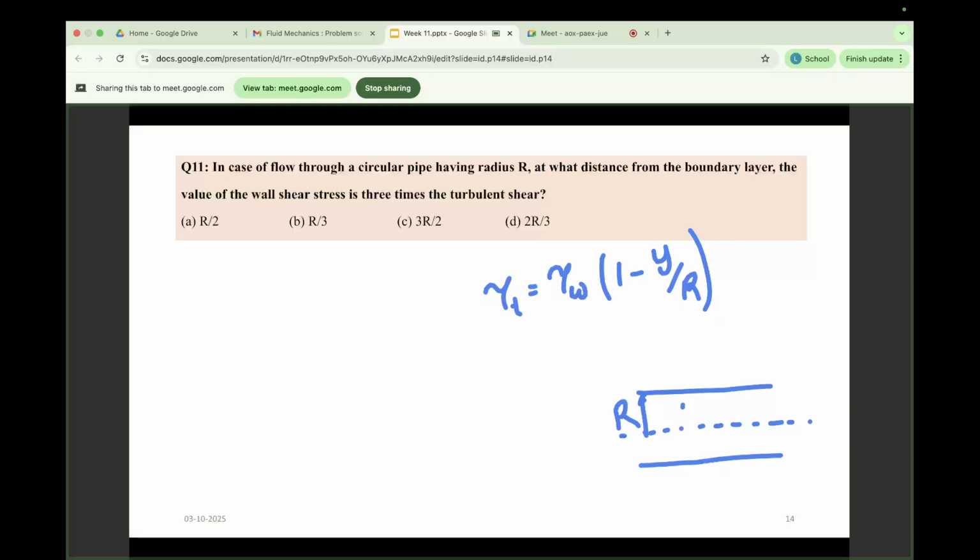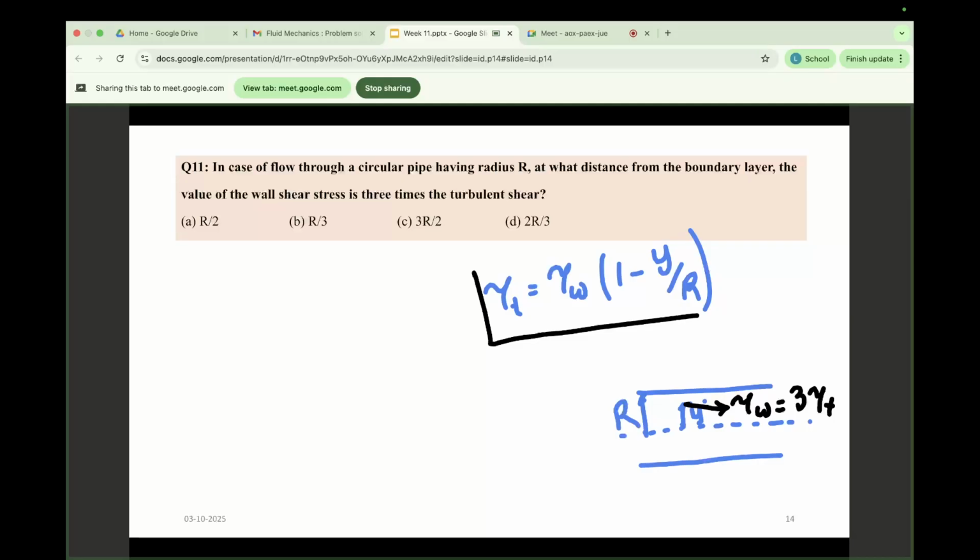At any point, say this is Y. You are asked to find the distance of this Y point where the wall shear stress is 3 times the turbulent shear stress. So that is the question given here. Please solve and tell what will be the value of Y.